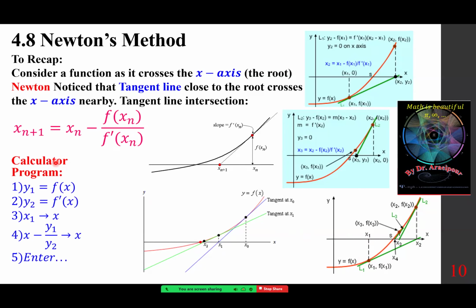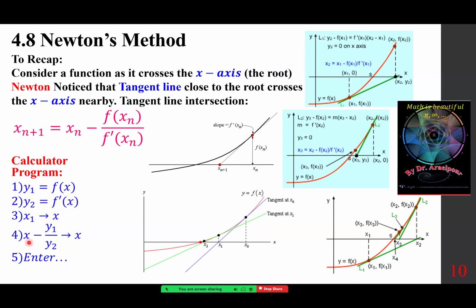So the calculator can be programmed as follows. You set y sub 1 equals f of x, y sub 2 equals f prime of x. And whatever your first choice is, let's call it x sub 1, you store it. This arrow means store. Store it in x.